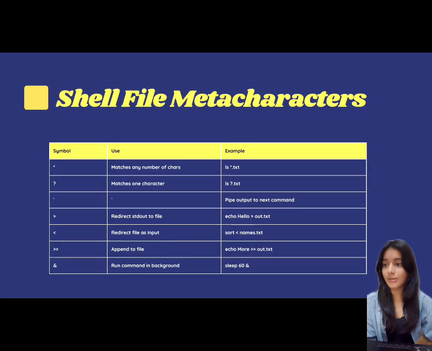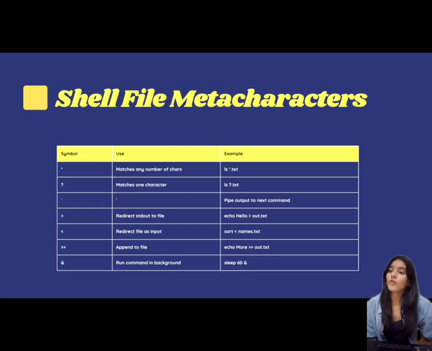Now, shell file meta characters. Let's look into it. Asterisk matches any number of characters, so *.txt finds all text files. Question mark matches a single character, like ?.txt.